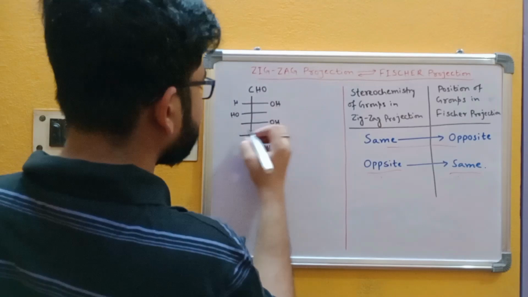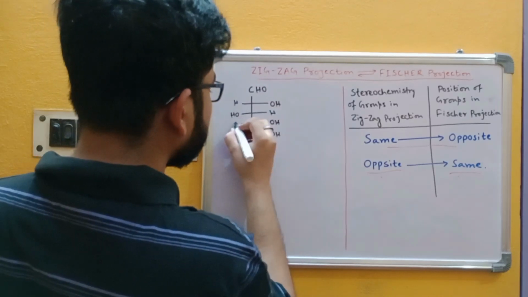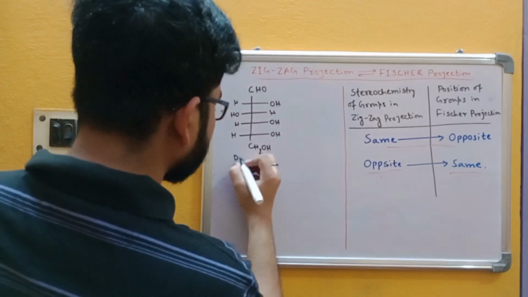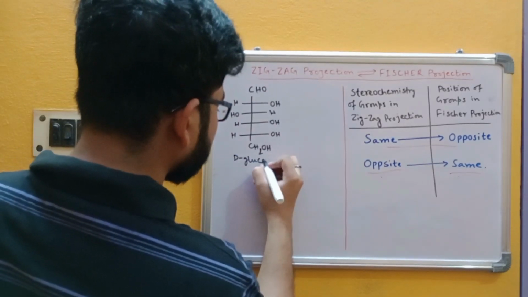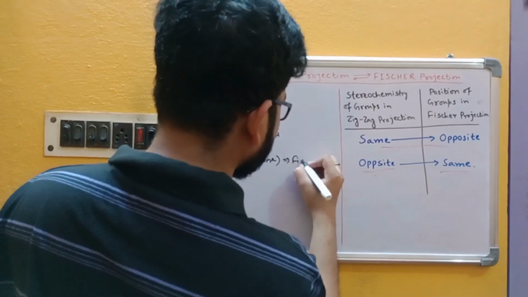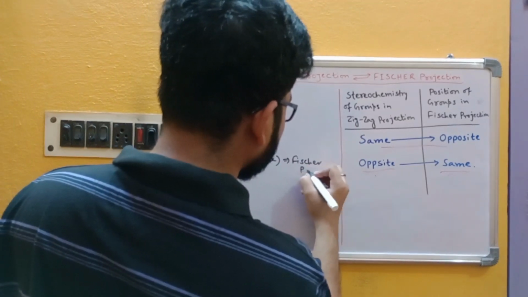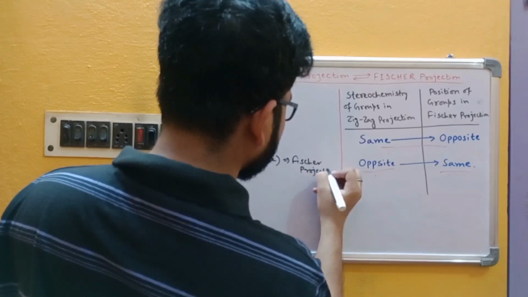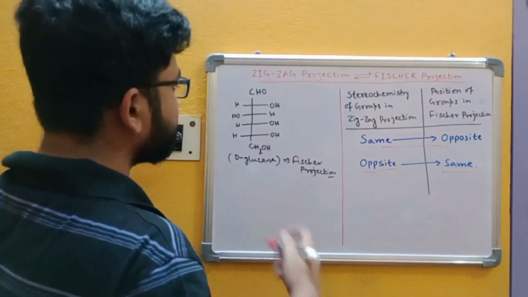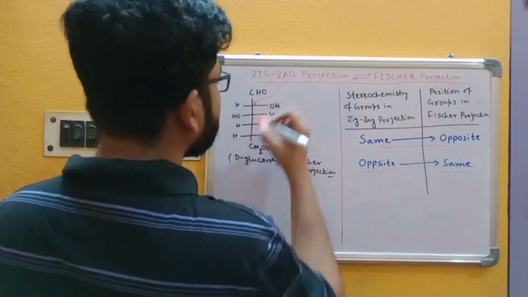So here is H, here is H. Now firstly we have to assign the RS configuration of this carbon.